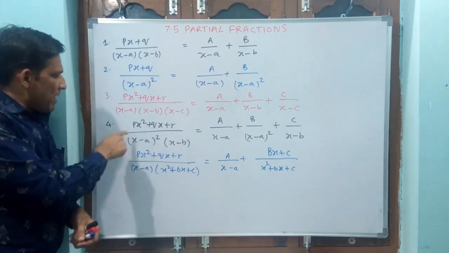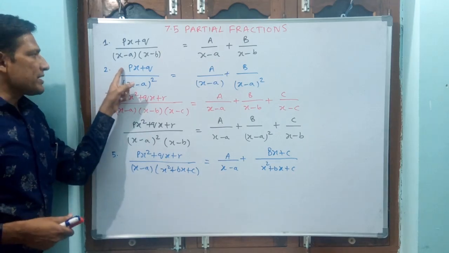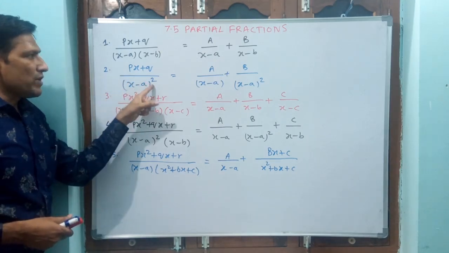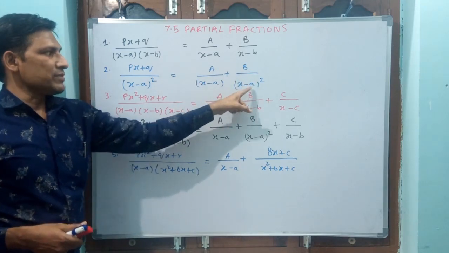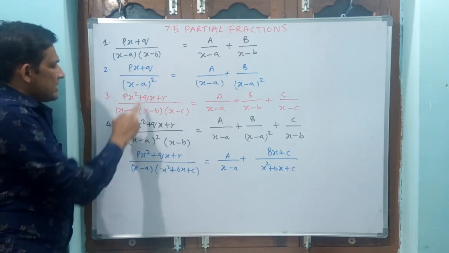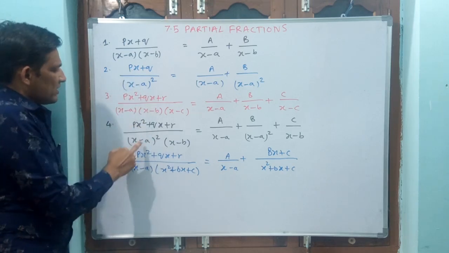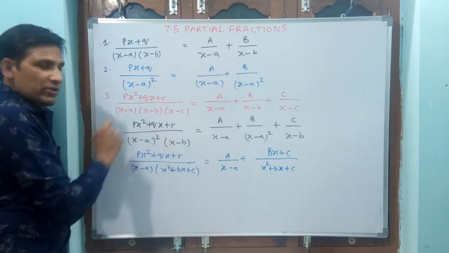Okay, then go back to second and fourth again. Second, you see linear by quadratic but square. 2 factors, square is there, 2 factors will come, and x minus a square will come. Okay, again you see here, linear, quadratic, quadratic, cubic is there, but x minus a square is there into x minus b.